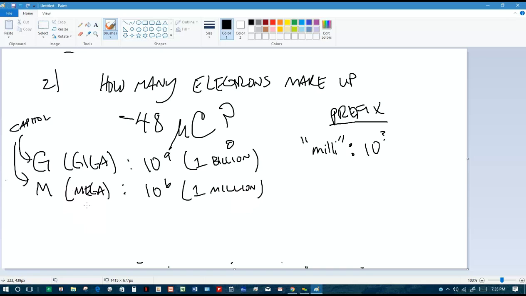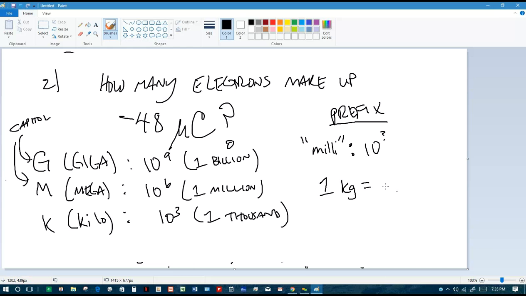Okay, the next one is kilo. Kilo is 10 to the 3rd, which is 1,000. Like a kilogram. 1 kilogram is how many grams? 1,000, that's right. 1 kilogram is 1,000 grams, because kilo means 1,000, right?